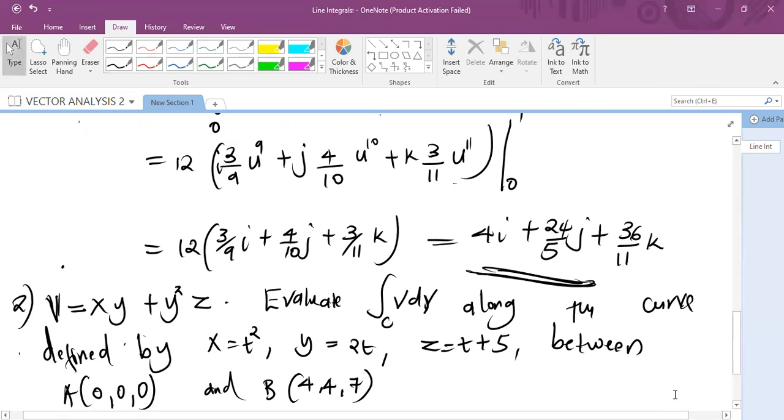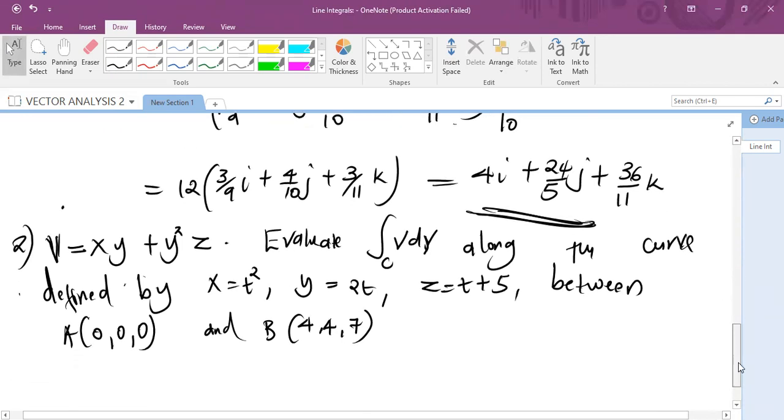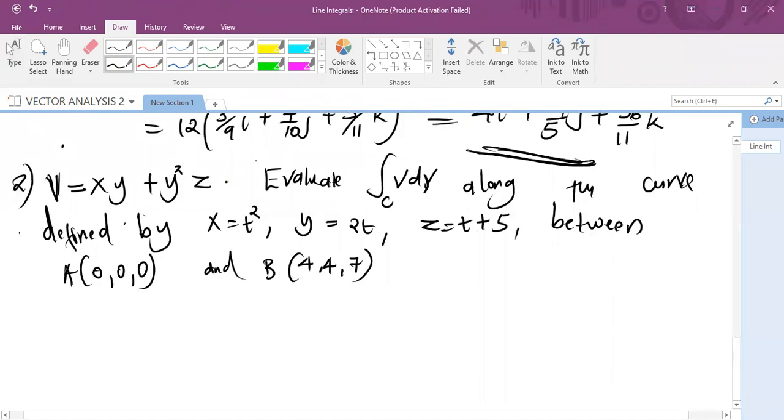Okay, let's go. The idea is basically we are going to rewrite all this with respect to the new variable, and our new variable here is t.